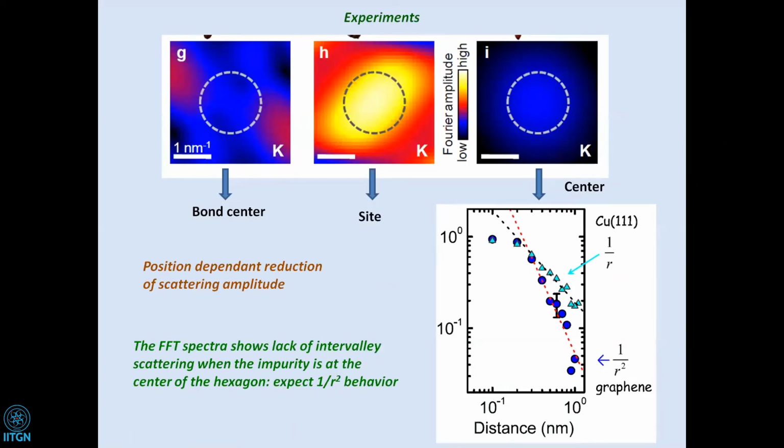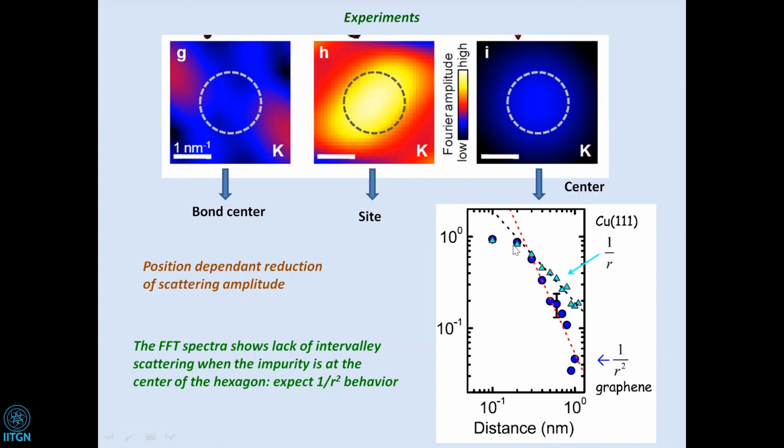So that's the point. What we find is that this Dirac nature of graphene electrons changes the Friedel oscillation behavior, a decay from 1 over r to 1 over r squared. And this is an experiment done in Bari Manoharan's lab, where they could measure this r dependence of the density of states in real space.